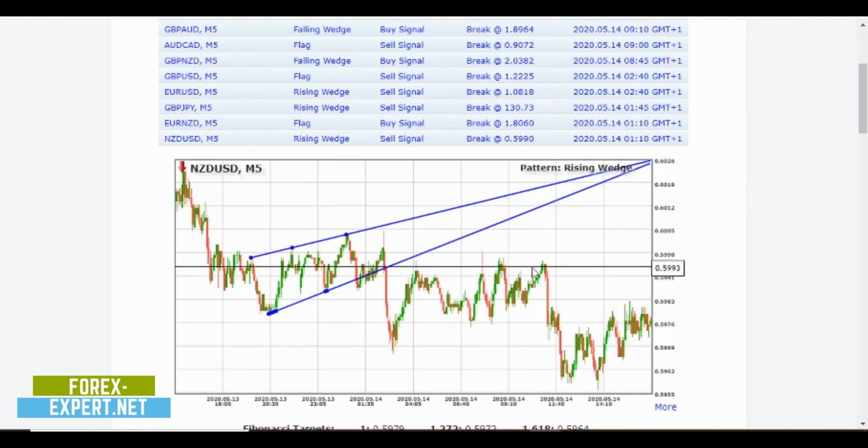It bounced back on this resistance here and then went down, reaching the 59.59 level. So it's up to you and your strategies, guys.